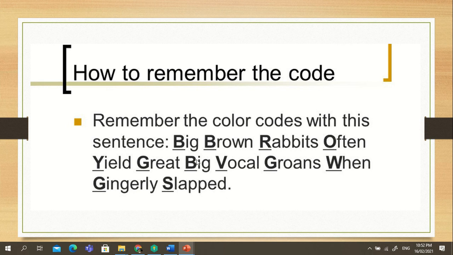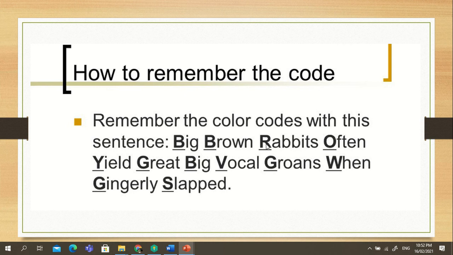So that you will not forget the sequence, you have to remember this sentence, class: Big brown rabbits often yield great big vocal groans when gingerly slapped. Again, the first B is for black, which is 0. The next B is for brown, that is 1.